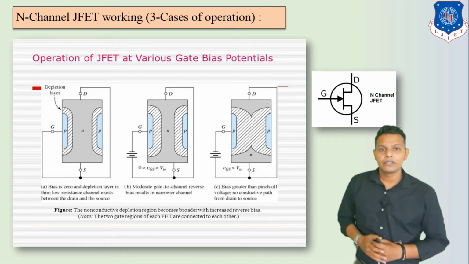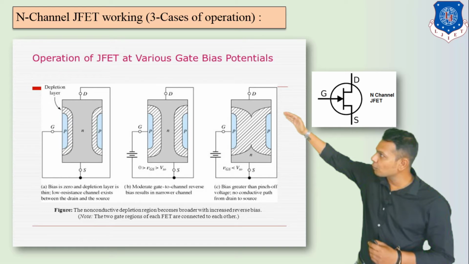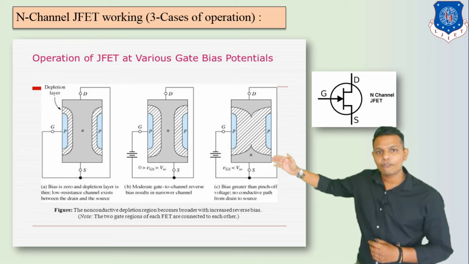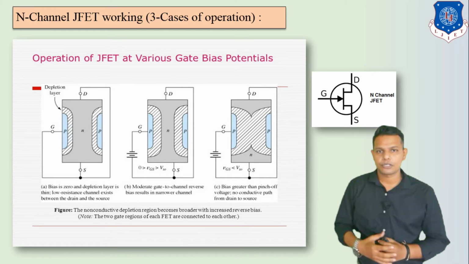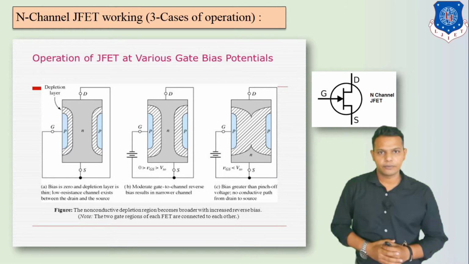So that's why the flow of ID, that means the drain current, is reduced due to this depletion region.